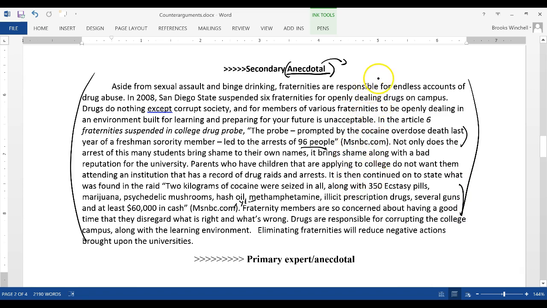And it's true, in this one case they do, but this is only one case, right? There's probably several fraternities that don't have drug problems like this. And this source is just kind of ignoring those ones. So that's one of the things that's not that strong about anecdotal evidence, is you can rarely draw a larger generalization based on just anecdotal evidence alone.